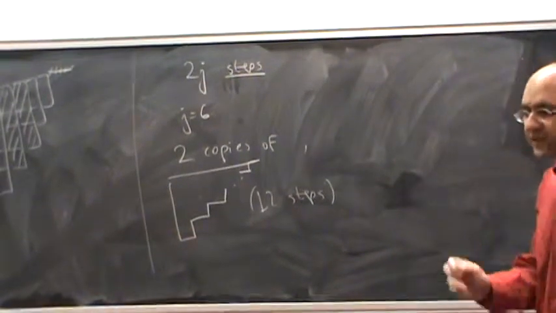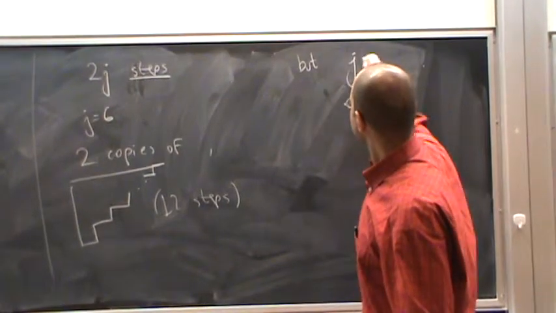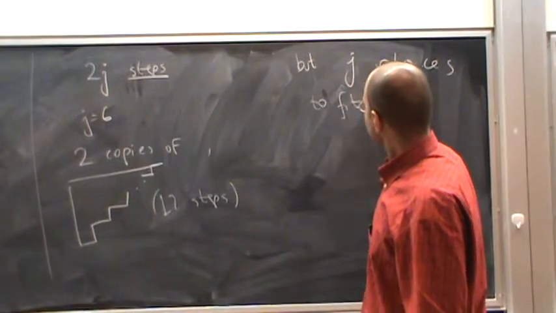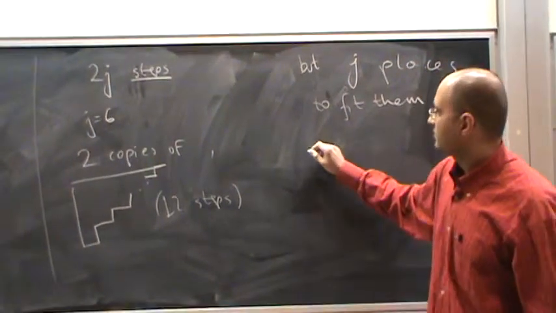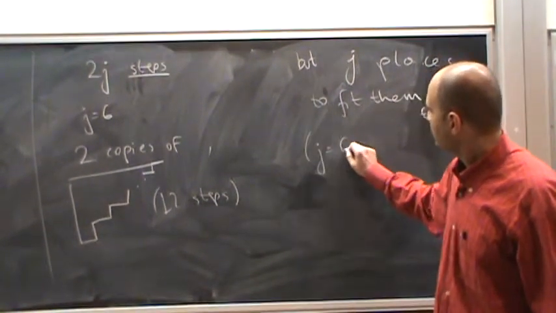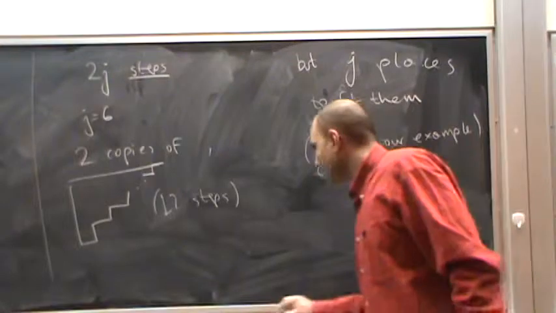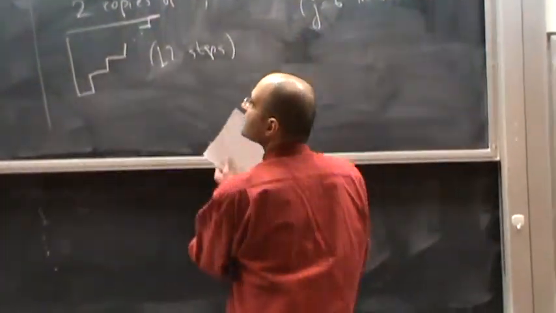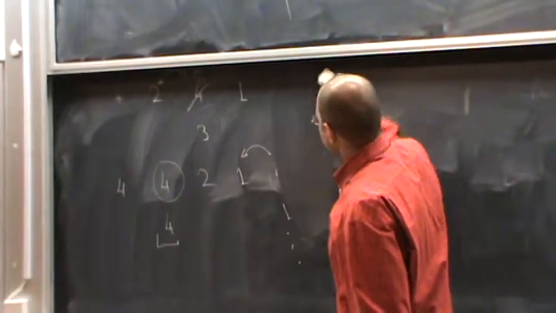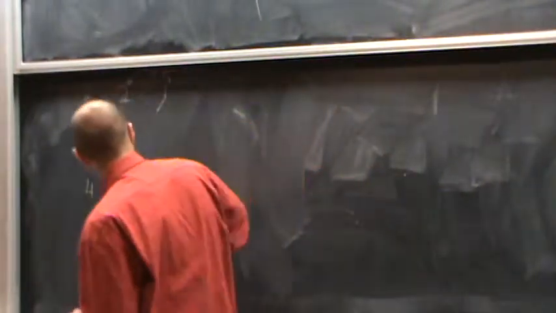But when j equals 6, you have exactly 6 places to fit them. So both the forward phase and the backward phase, they have to be explained separately.